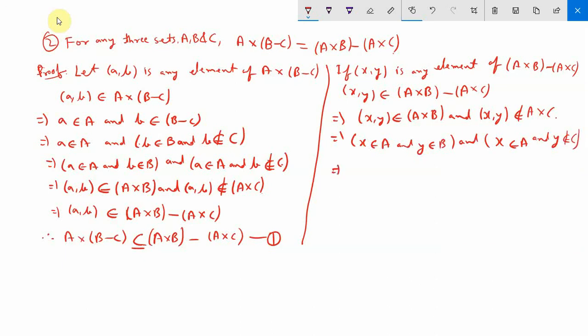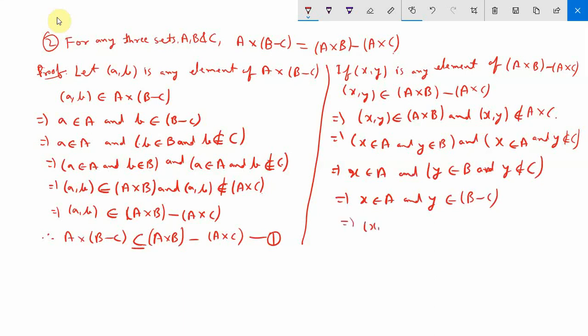Okay, so from this we can write x is an element of A and y is an element of B and y is not an element of C. From this we will get x is an element of A and y is an element of B − C. From this we can write the ordered pair (x, y) is an element of A × (B − C).